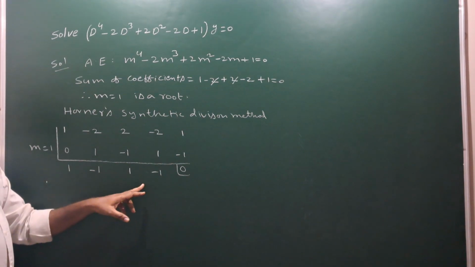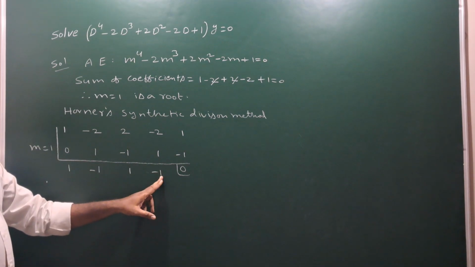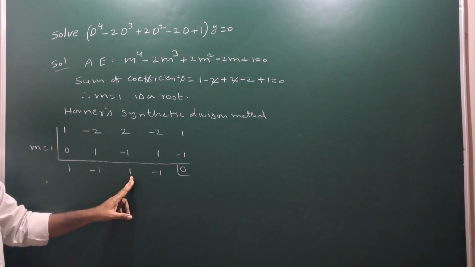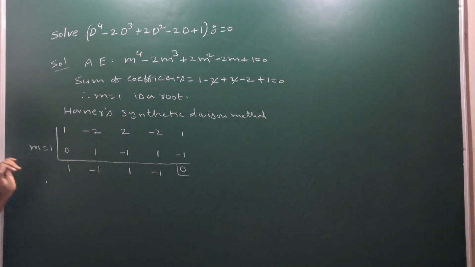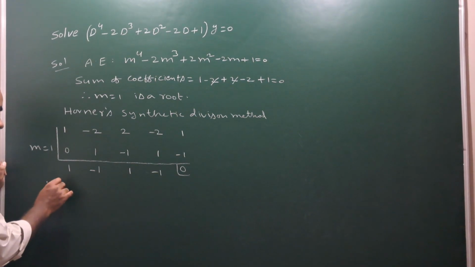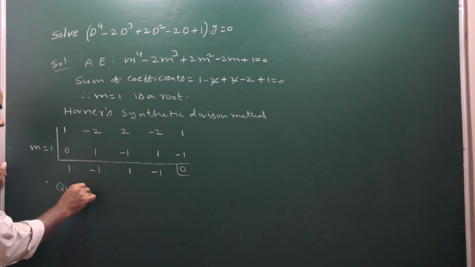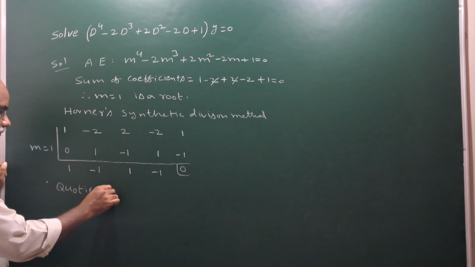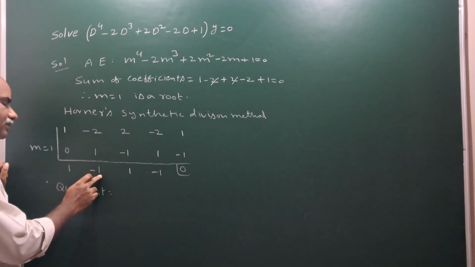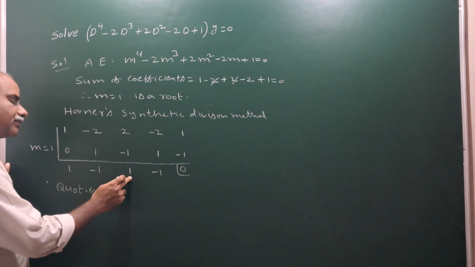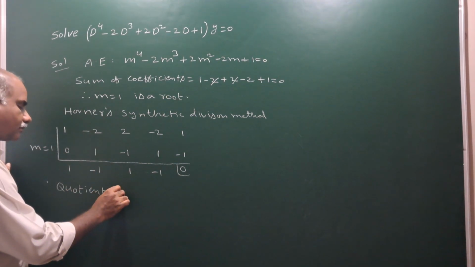So this is the constant, coefficient of m term, coefficient of m² term, coefficient of m³ term. Therefore the quotient is like this. This is the m³ coefficient, this is the m² coefficient, this is the coefficient of m, and this is the constant.